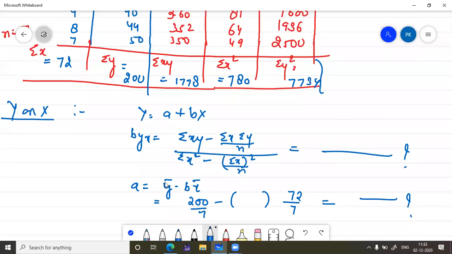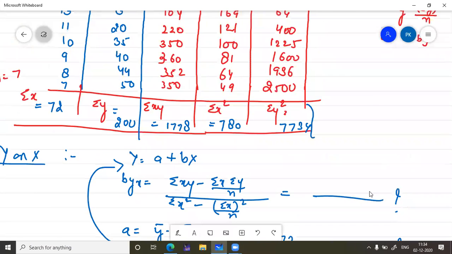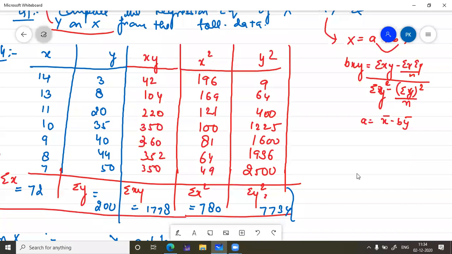In this way you can evaluate the coefficients and substitute them in the equation. And in the same way we have to evaluate x on y, using the formula I wrote earlier. Is that okay?